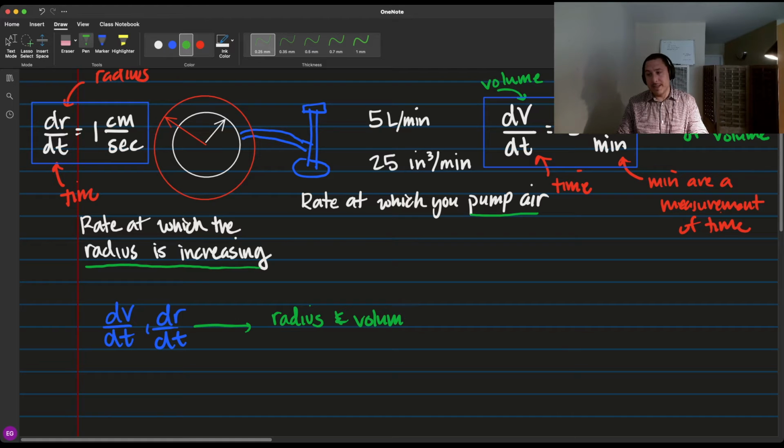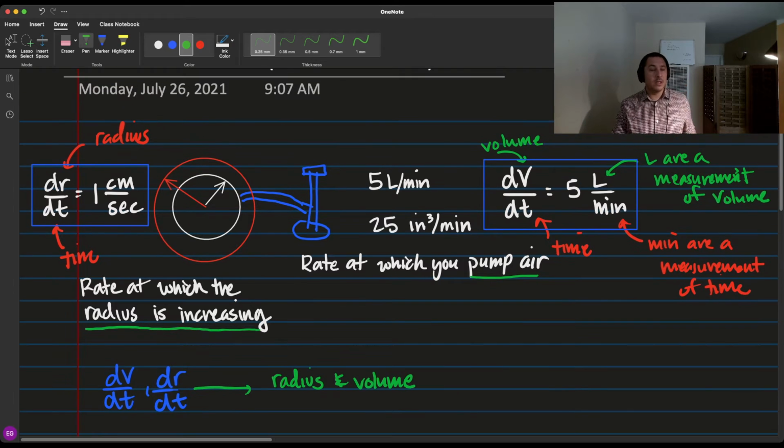And remember how I said that the balloon was a sphere? So does anyone know the equation which relates the volume of the sphere to the radius of the sphere? Do you remember? What is the equation which relates the volume and the radius of the sphere?